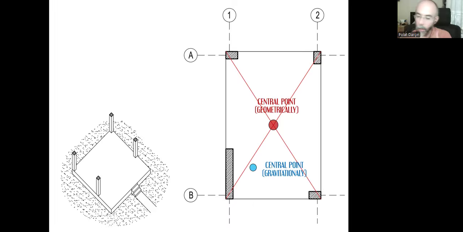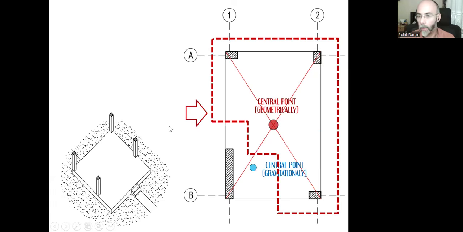And when the earthquake happens, when the lateral forces are applied, that side doesn't want to move. And these three columns, since they are lighter, they want to move. And that will cause this part to rotate. And this will stay put.